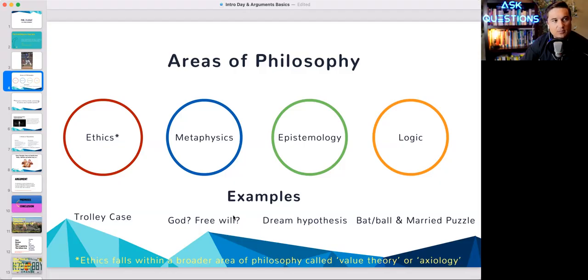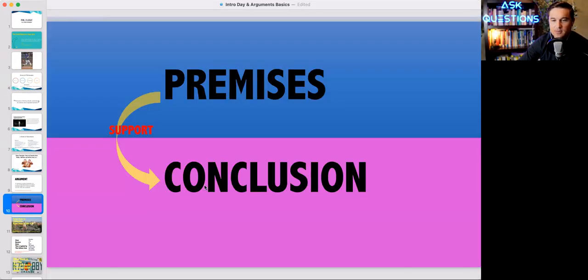So an argument for our course is going to have two very important parts. It's going to have a conclusion, and in the examples I gave, the answer to some philosophical question about, say, free will or God or justice or beauty or the mind.